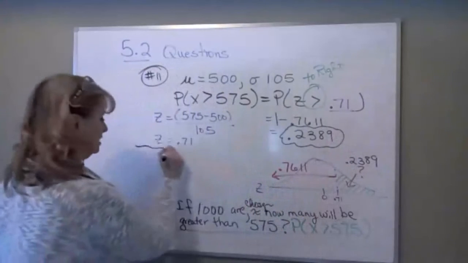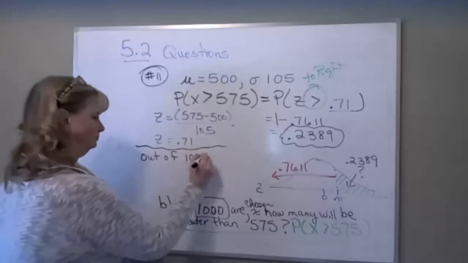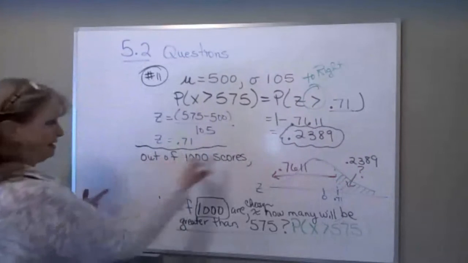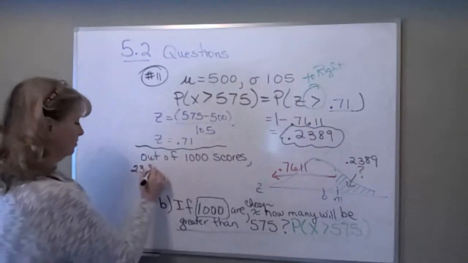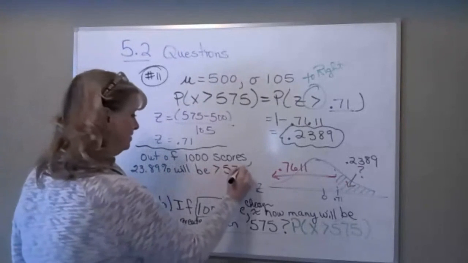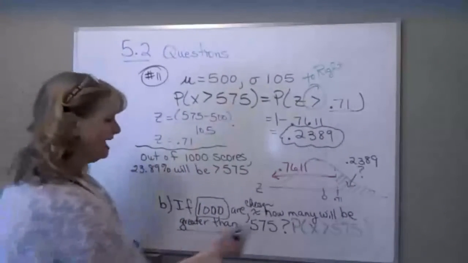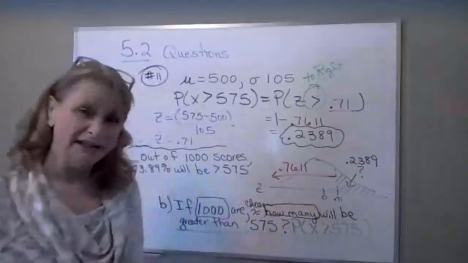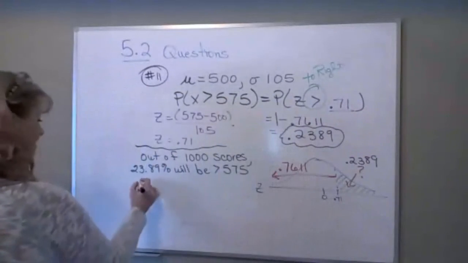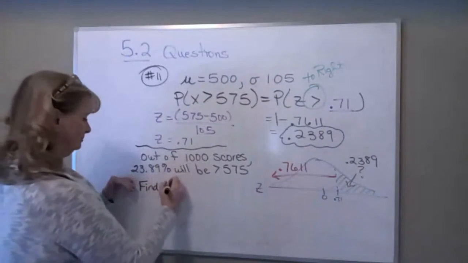So what we need to do to answer this question, out of 1,000, basically 23.89% will be greater than 575. Now, they don't want the percent. It says how many will be. They want an actual number. So what we're going to do is we're going to need to find that percent of 1,000.